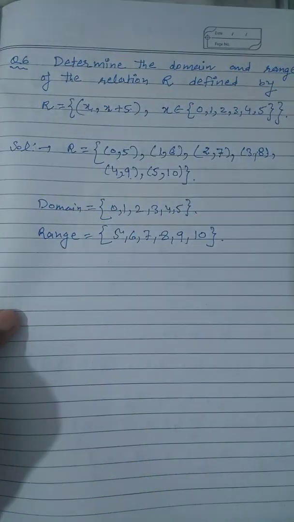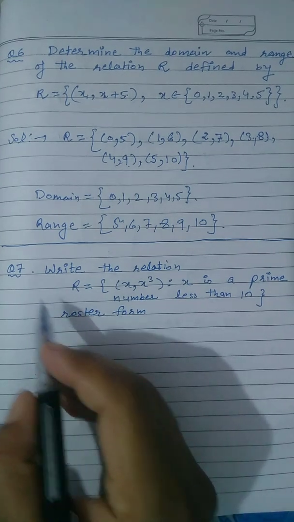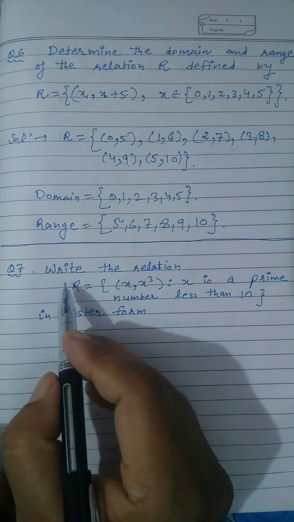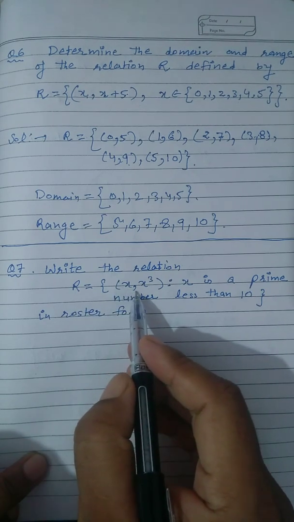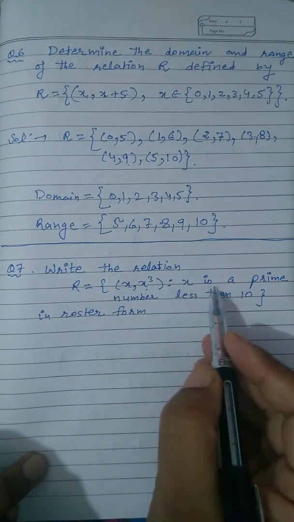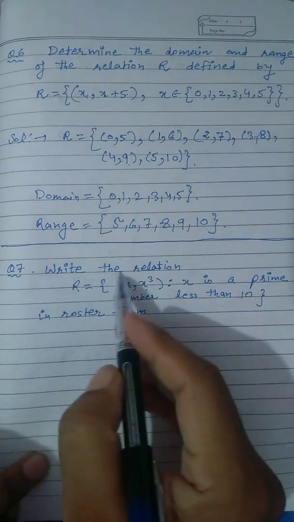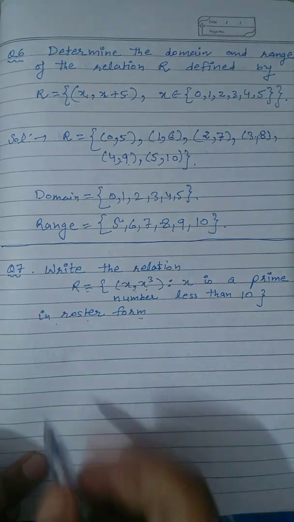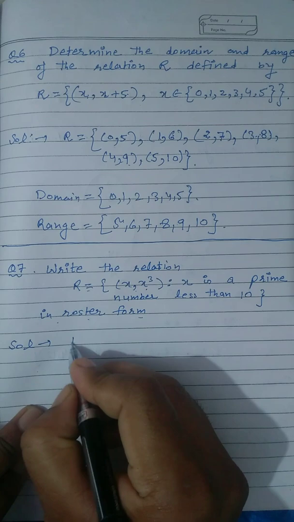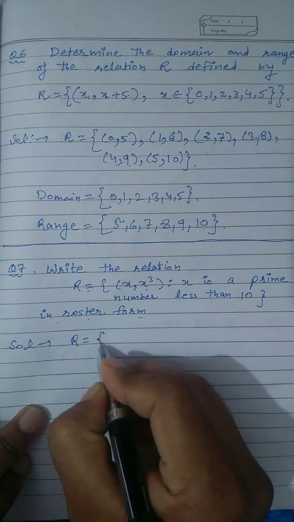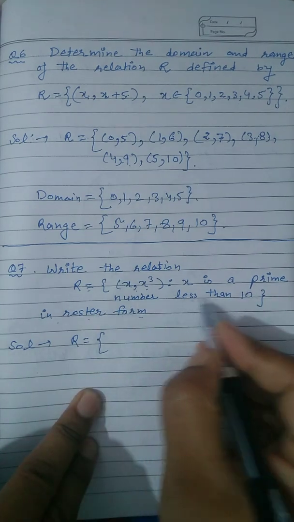So this was our question number 6. Our next question, question number 7. Write the relation R is equal to the ordered pair (x, x cube), x is a prime number less than 10, in roster form. So how to solve the question? First of all, x is a prime number less than 10.